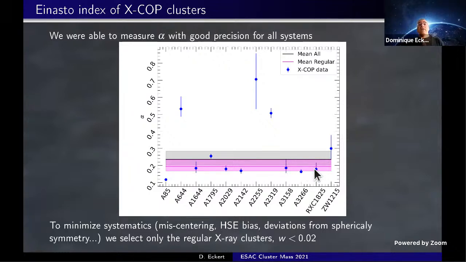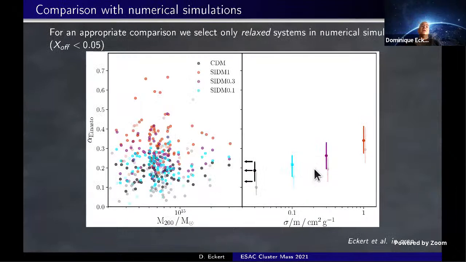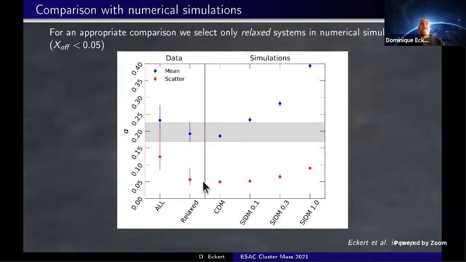We perform similar analysis also in the simulated systems, where we select only the systems that are relaxed, meaning with this X of less than 0.5. And we can compare now our measurements with the expectation from the simulations for various values of the self-interaction cross-section.